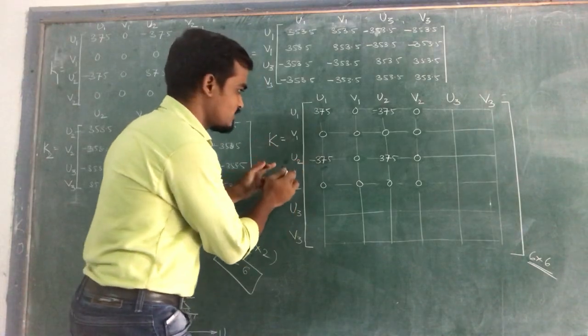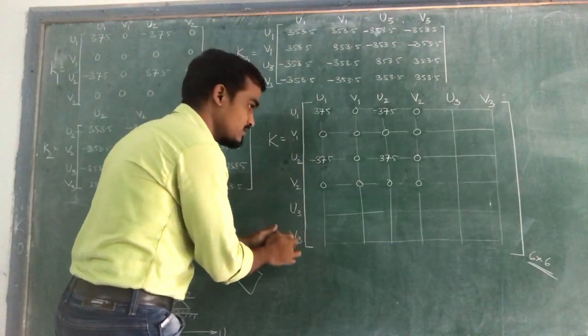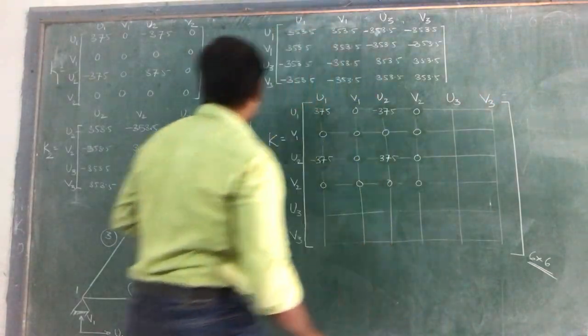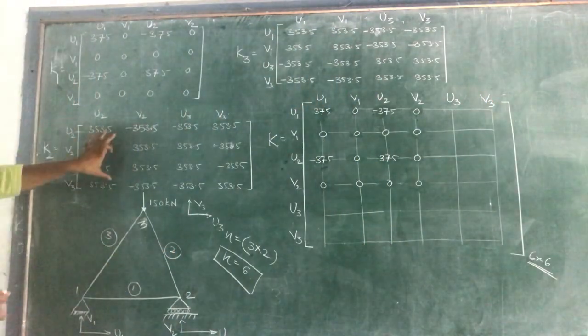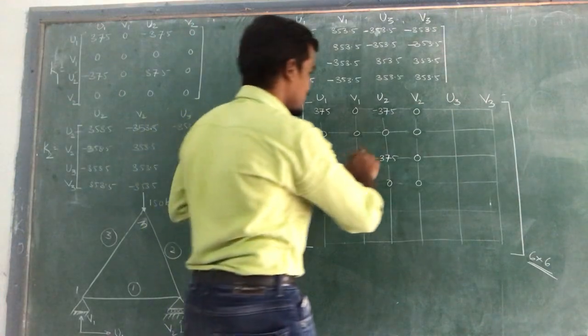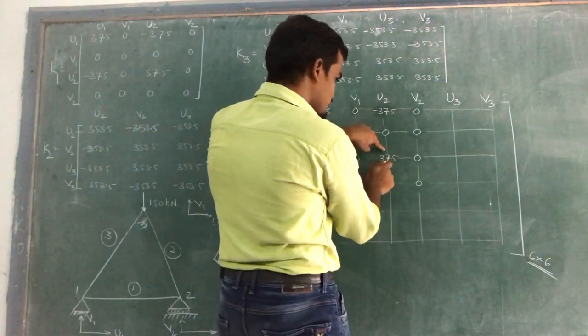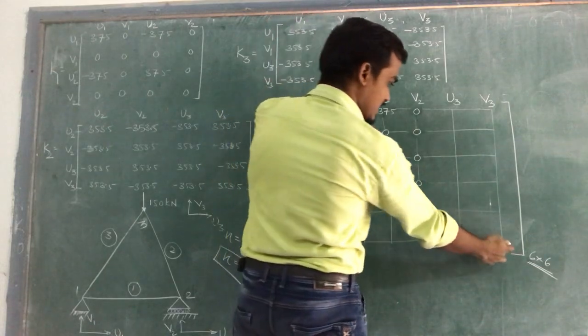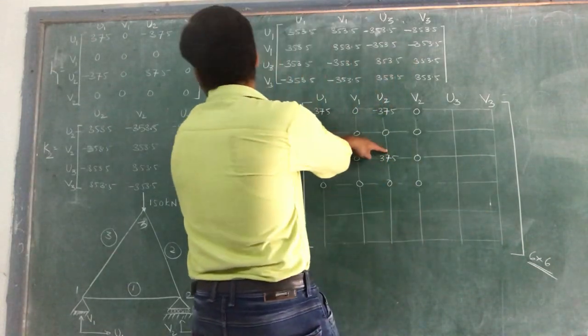This will vary over u2 v2 u3 v3 rows and u2 v2 u3 v3 columns. We need to place this matrix over this. It will start from this point, the u2 row and u2 column, and it will end at this point. So we need to place this matrix as it is.